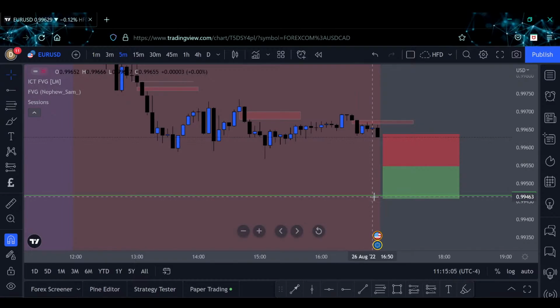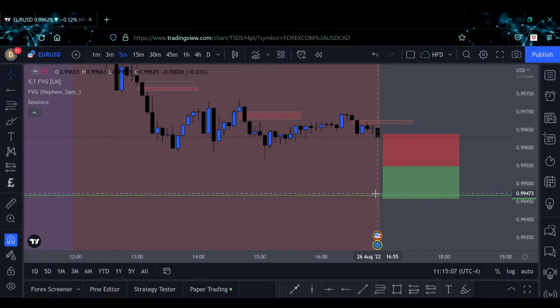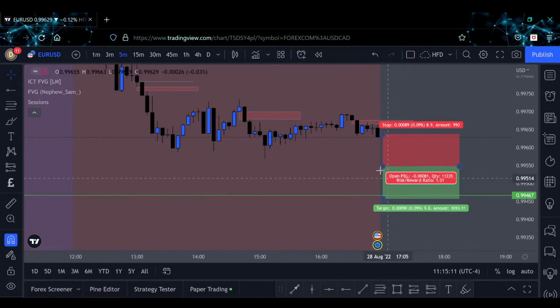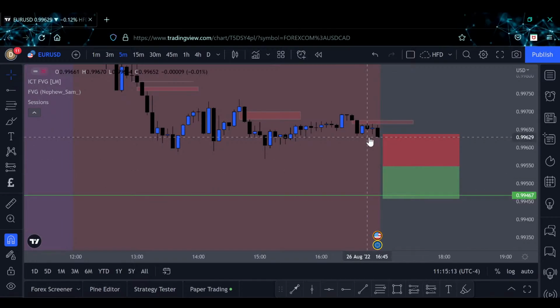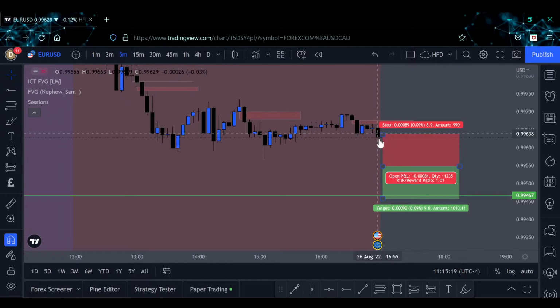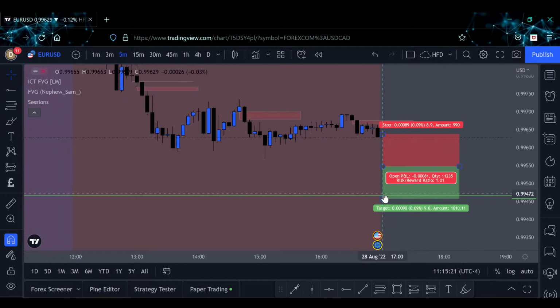there's a daily liquidity level here, which price is quite near. So we'd be looking for price to continue to take this liquidity.